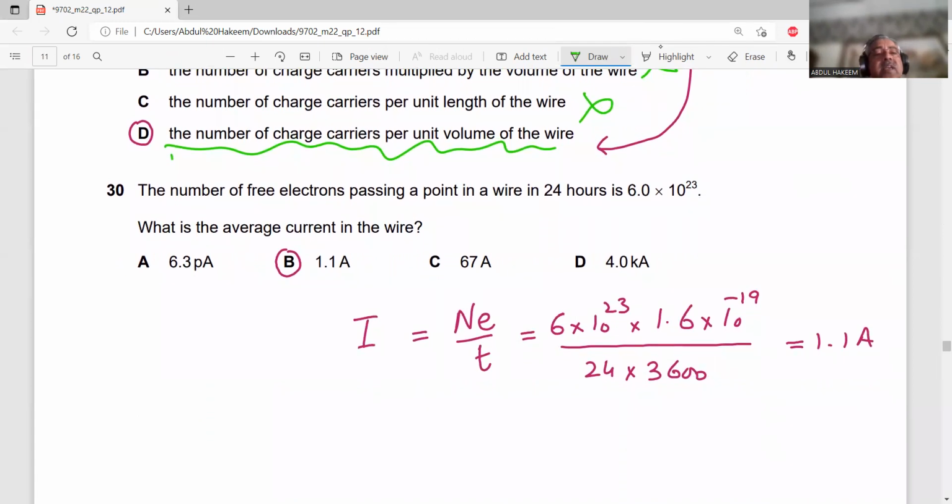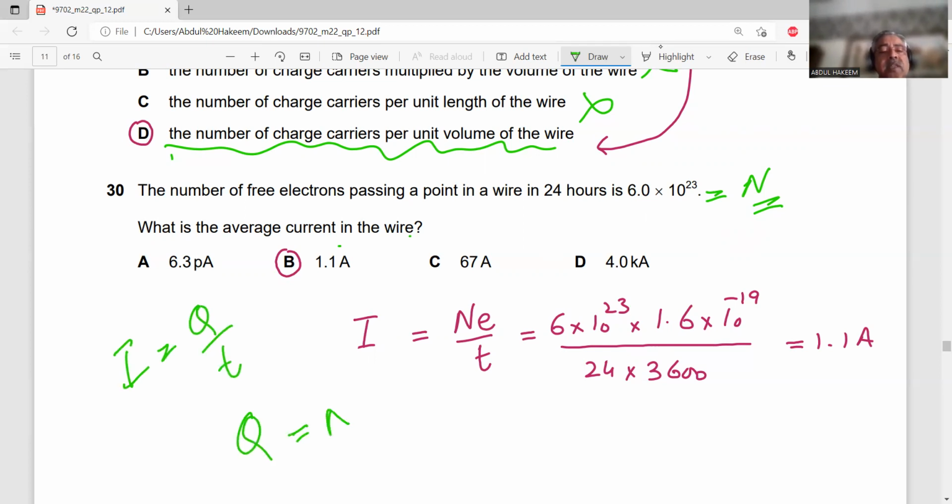Next, number 30. The number of free electrons passing a point in a wire in 24 hours is 6 into 10 power 23. So this is the number, not the number density. What is the average current in the wire? Look, I is equal to Q divided by T. And Q is equal to N E, where E is the charge of one electron and N is the number of electrons.